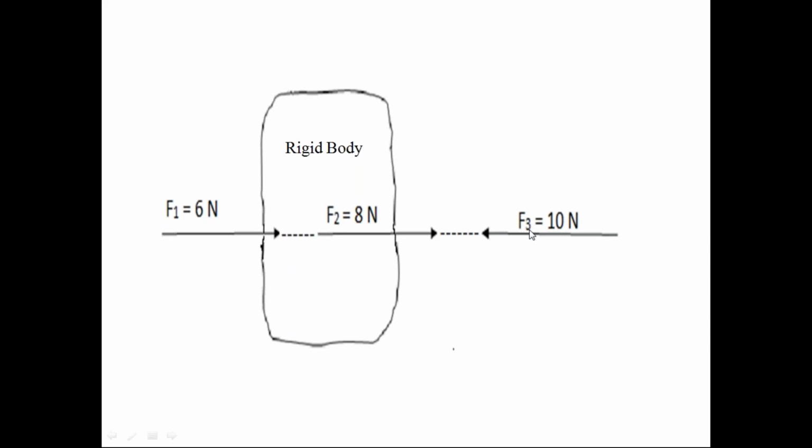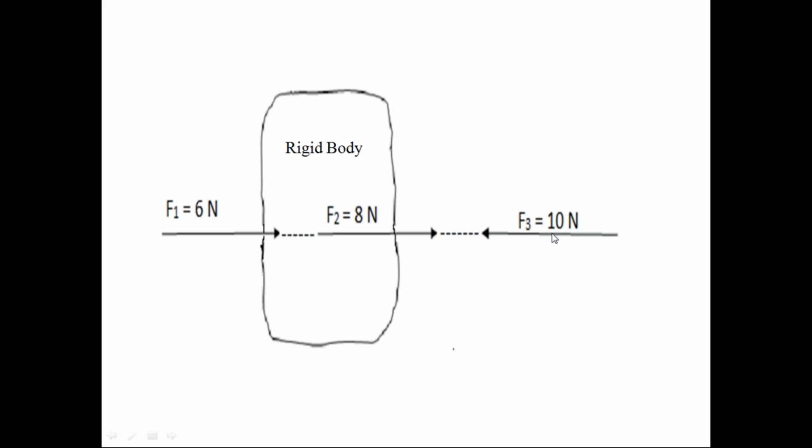Followed by F3, the third force, with its line of action and a magnitude of 10 newtons. Since the forces are more than one, we call these 3 forces a force system.